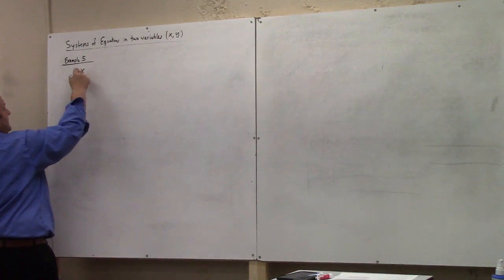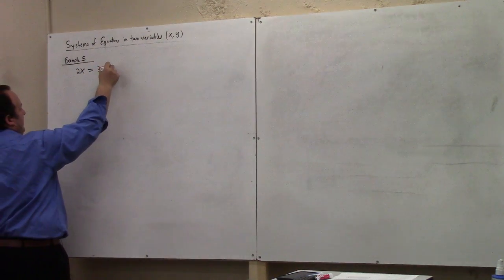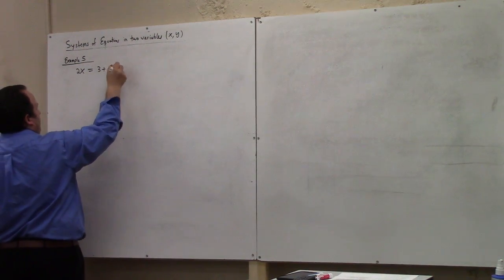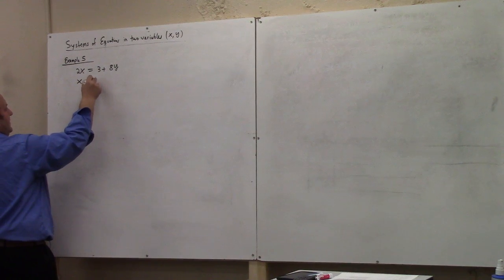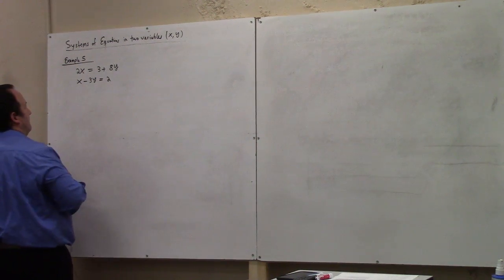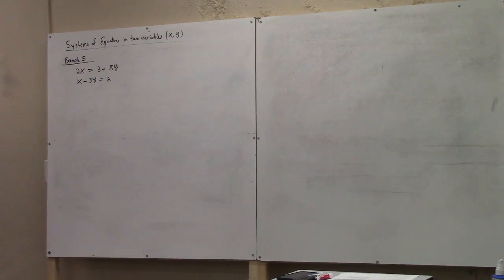All right, 2x equals 3 plus 8y, and x minus 3y equals 2. Sometimes the problem comes to us in a format which is kind of annoying, right? So the first thing I do when I have something like this is reorder things, so all my x's and y's are on one side and my constants are on the other. That's just how I function.